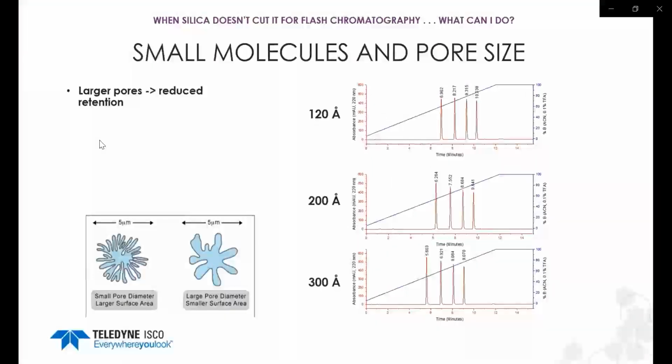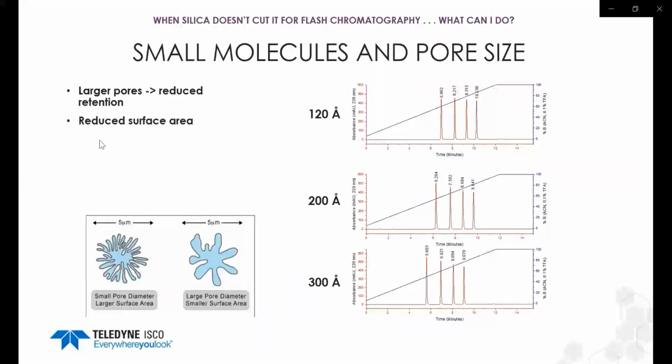So we're going to begin by discussing how pore size affects the separation for both small molecules and for peptides, larger molecules. So what we see is that as we increase the pore size of our silica, this is a C18 silica, we see reduced retention.